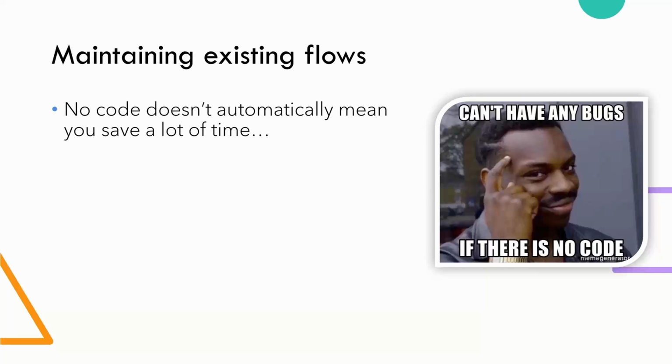Maintain existing flows. Another thing that was quite important that we learned is that when you have a no-code solution, that doesn't always mean that you also save a lot of time. Low code or no code doesn't mean that you're also low on time. Actually, it is the opposite.